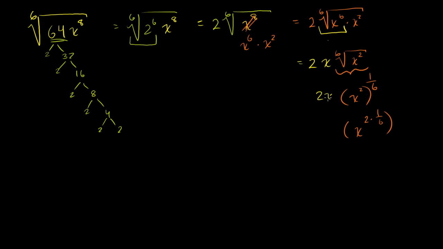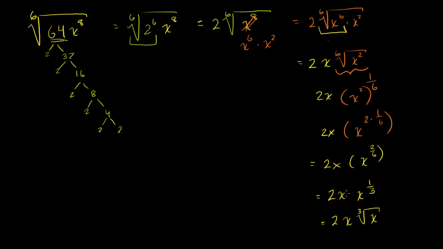So this is the same 2x times x to the 2/6. Or if we want to write that in lowest terms, you get 2x times x to the 1/3. So if you want to write it in radical form, you could write this as 2x times the 3rd root of x.